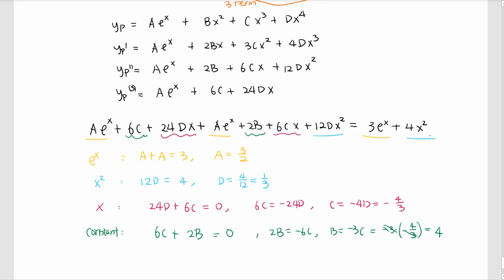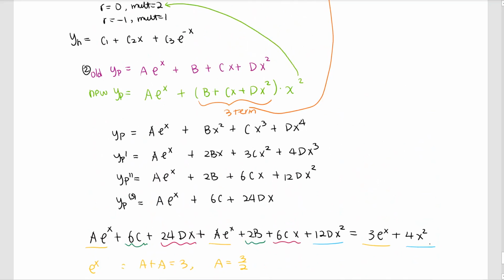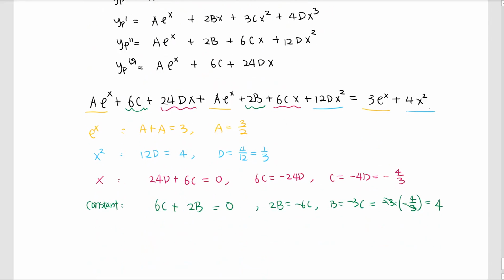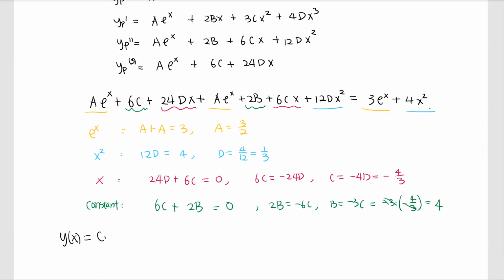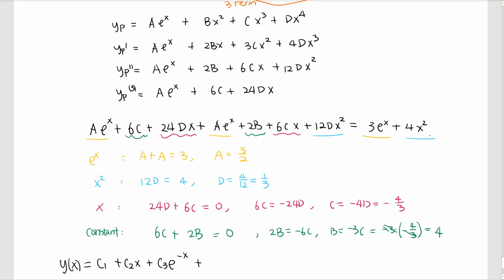So what is our solution? The homogeneous solution is C1, C2x, and C3 e to the minus x. So our general solution is C1 plus C2x plus C3 e to the negative x plus our particular solution. Well, our particular solution is a e to the x.